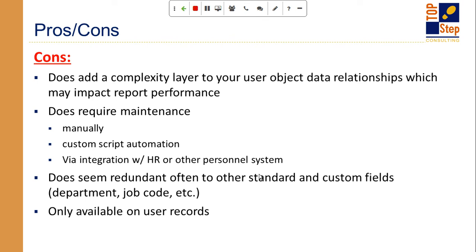I have seen it impact report performance if you are doing a lot of tags. And when I say a lot, I mean more than 6 or 7 entity tags on a single user record. Not 6 or 7 entries, 6 or 7 different types of entity tags, like geography and language and utilization and employment and job category.